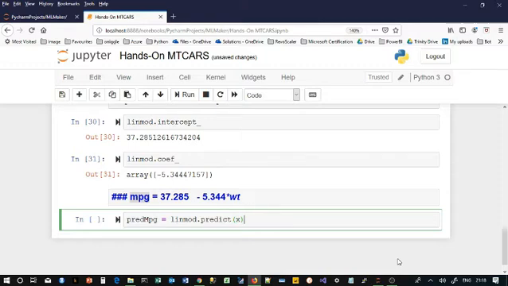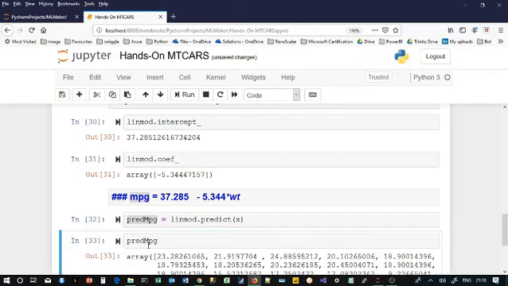So x is the variable with which I built the model in the first place. I built it. It has given me an equation. Now I am reusing the same x to see how good is this equation. I run that.